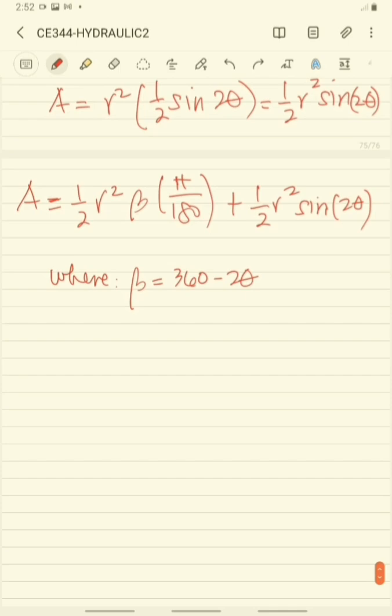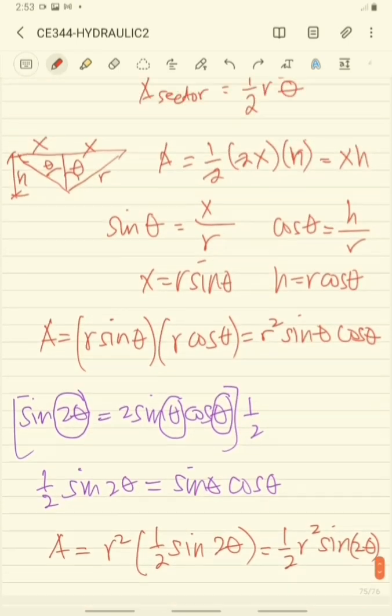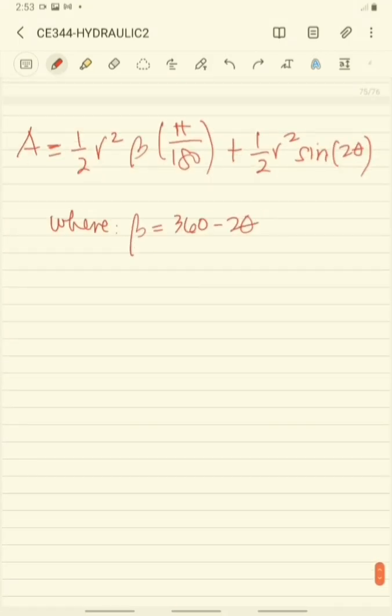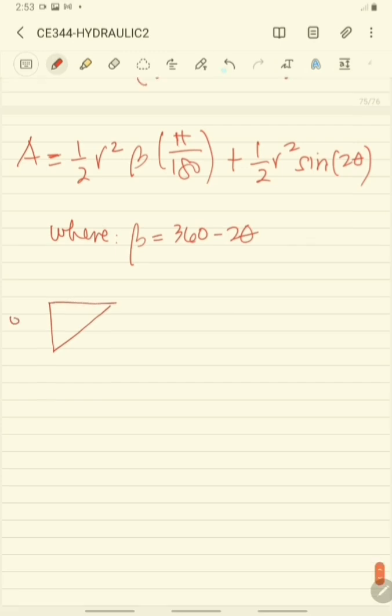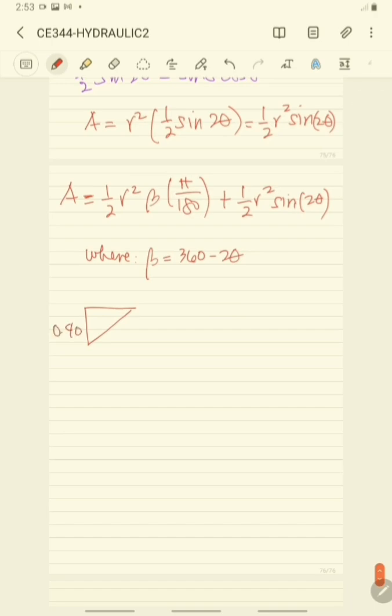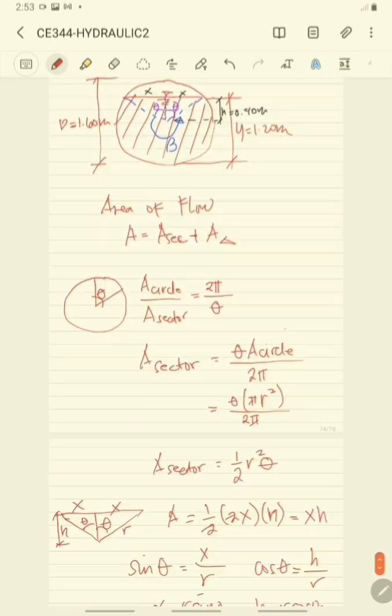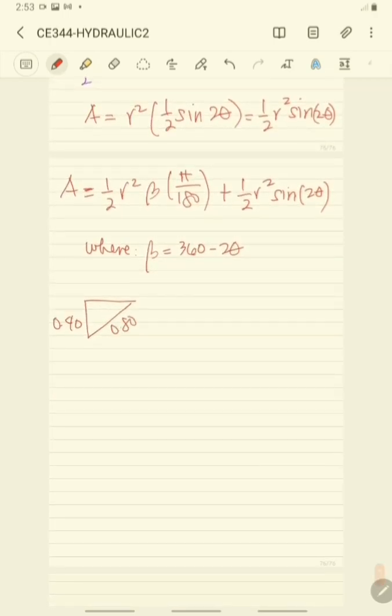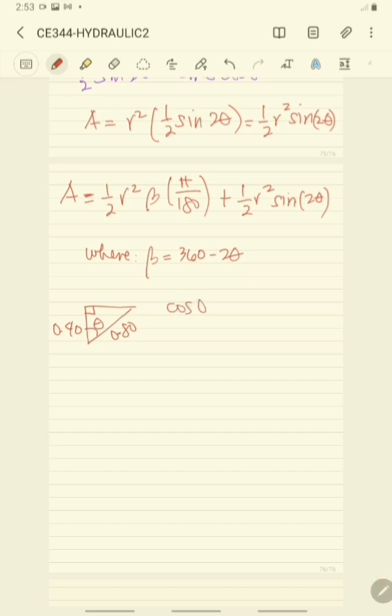We have h equal to 0.40 and the radius is 0.80. So cosine theta is equal to 0.40 divided by 0.80, and theta is the arc cosine of 0.4 divided by 0.8, which is equal to 60 degrees.